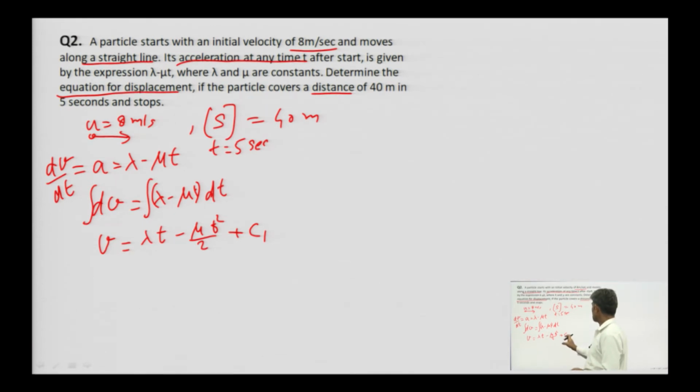So, by this we will calculate the value of c 1.